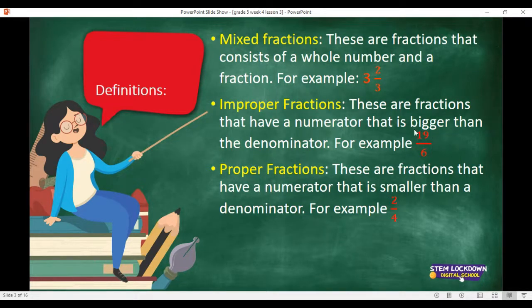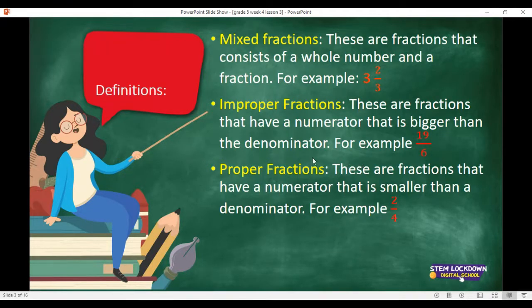So this, we call an improper fraction. And this is not the first time that we've spoken about an improper fraction. I also named it, and we said that if you have forgotten what an improper fraction is, we can also call it an abuse fraction because the bigger number is on top of the smaller number.